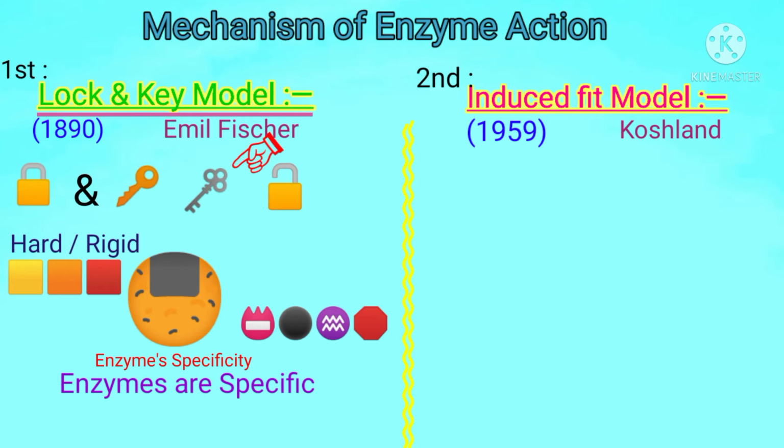Every lock's socket is a rigid structure made up of hard material which has no elasticity. If it possessed a little elasticity, then by applying force we could unlock the lock. But due to its rigidity, every lock unlocks by its own key. This similarity is adopted to describe the lock and key model.